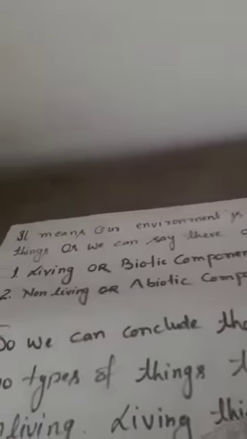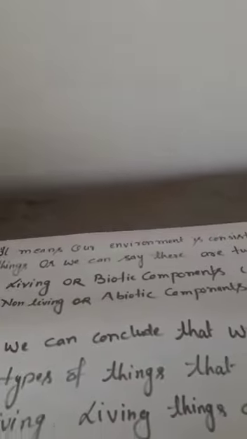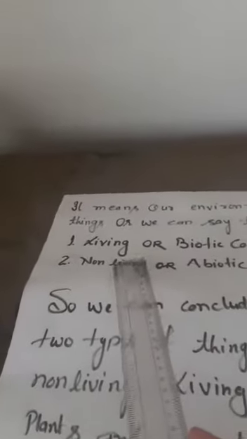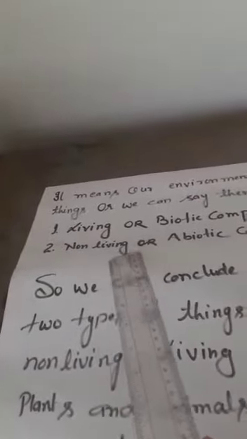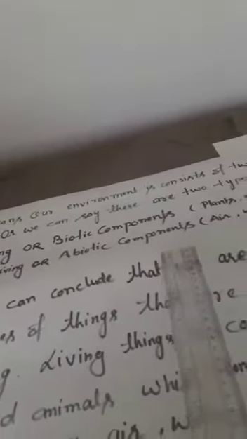Now I'm going to turn the chart. What I wrote there means our environment consists of two types of things. We can say there are two types of components. One is the living or biotic components, that includes plants and animals. Second, non-living or abiotic components, that are air, water, sunlight, soil.